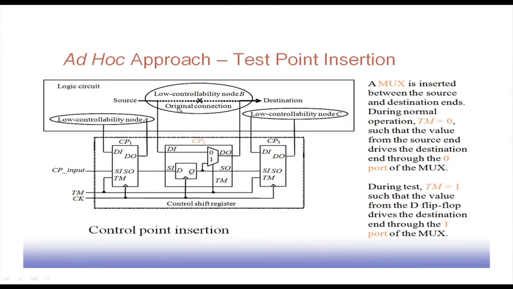Now, in the test mode, suppose we want to set some value to this point, to this destination of node B. So, what we do, somehow we set this flip flop Q to the desired value and then this test mode signal is made equal to 1. So, what will happen? This Q will be available at DO and then that will go to this destination.